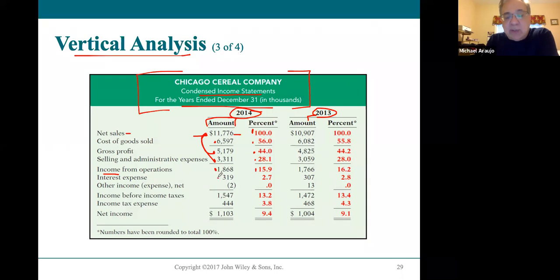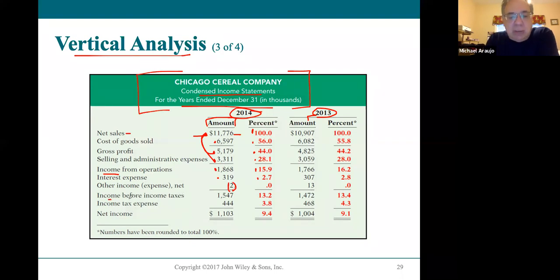Interest expense was $319 out of a total of $11,776, which means your interest expense is 2.7% of your revenue. In this case, this is such a small number over that larger number that it just rounds to 0. That's all.